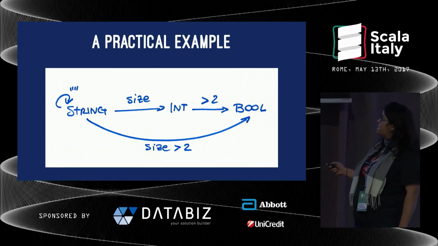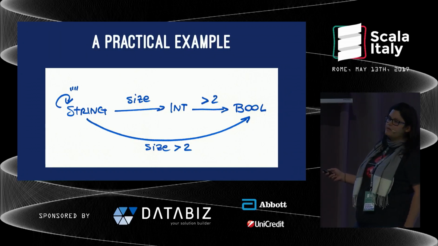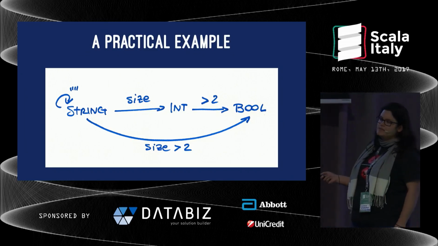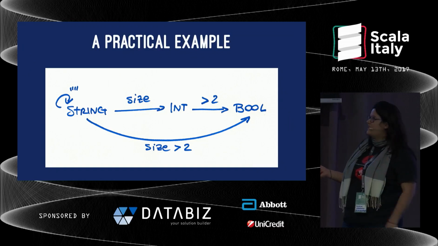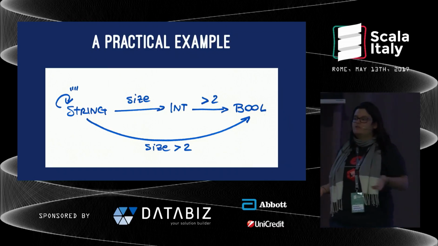We compose these two functions and get a beautiful function that says, from a string, return a Boolean by saying size bigger than 2, right? We do this all the time. And as well, with identity, for example, for string, one of the possible ways of having an identity function is to say, no matter what string I have, just concatenate it with the empty string, and I will get the same string back, right? We don't realize we do it, but it's really familiar to us.